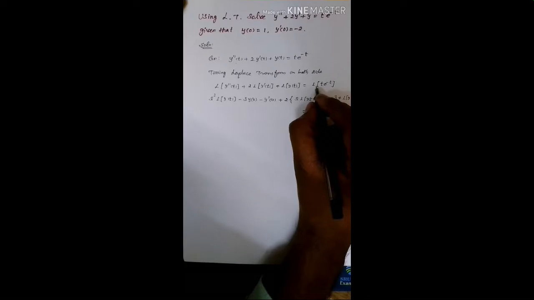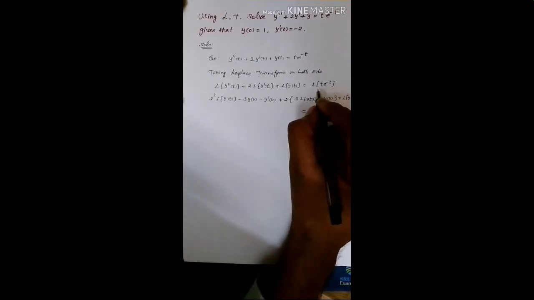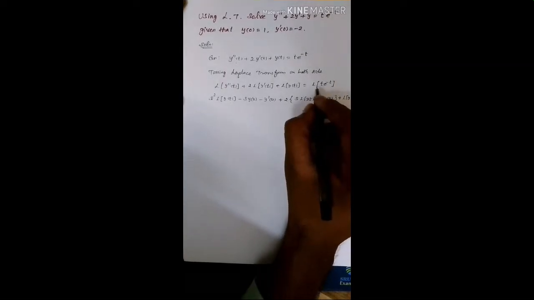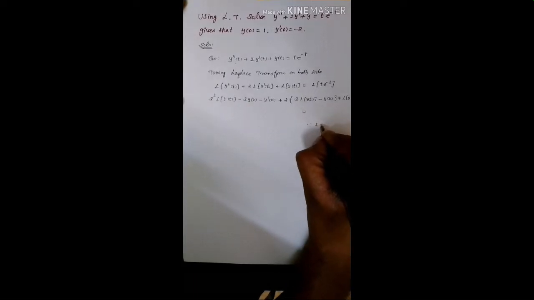We can expand this Laplace transform using two methods. One is the first shifting theorem and the second one is differentiation of Laplace transform. The shifting theorem is easy, so now we can apply the first shifting theorem. The first shifting theorem tells that Laplace transform of e power minus at into f of t is equal to L of f of t where s tends to s plus a.